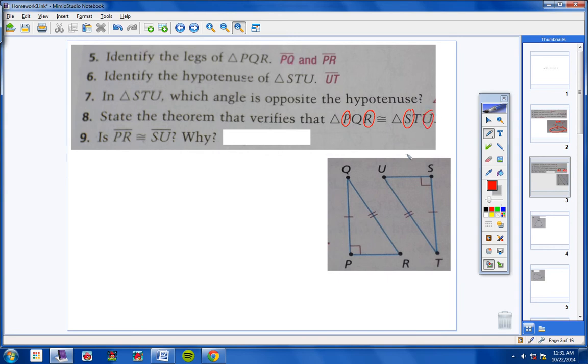It looks like they're corresponding sides to me. So if these two triangles are congruent, which they are, then are these two sides congruent? Yes. And what would the reason be? CPCTC. Remember, students, when two triangles are congruent, we can then state that all of their parts are also congruent, okay? So most definitely. All right, moving on to number 11.